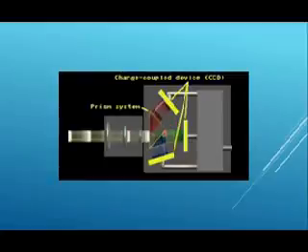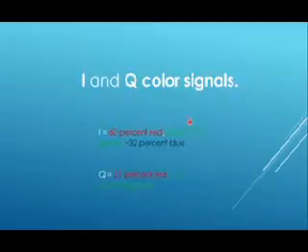The color signals must be transmitted with the luminance information in the same bandwidth allotted to the TV signal. This is done by a frequency division multiplexing technique that combines the three colors into I and Q color signals. The signals comprise different portions of the R, G, and B signals.